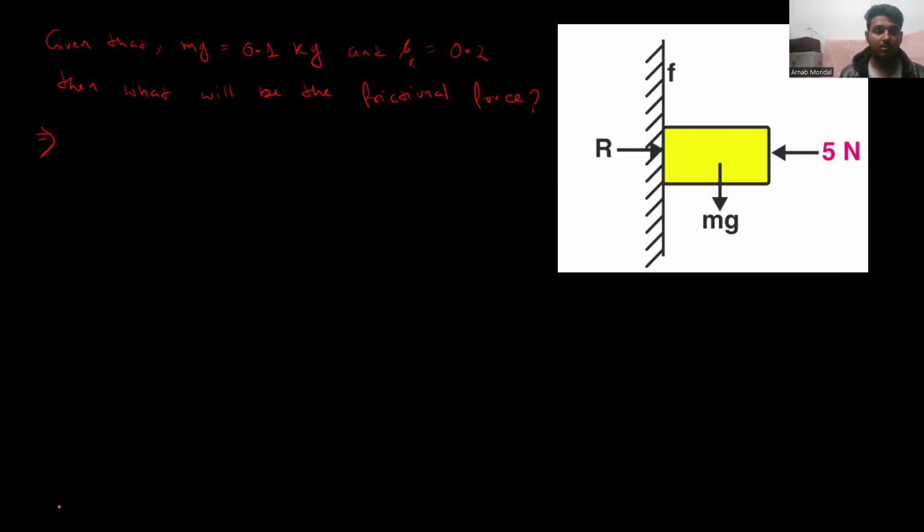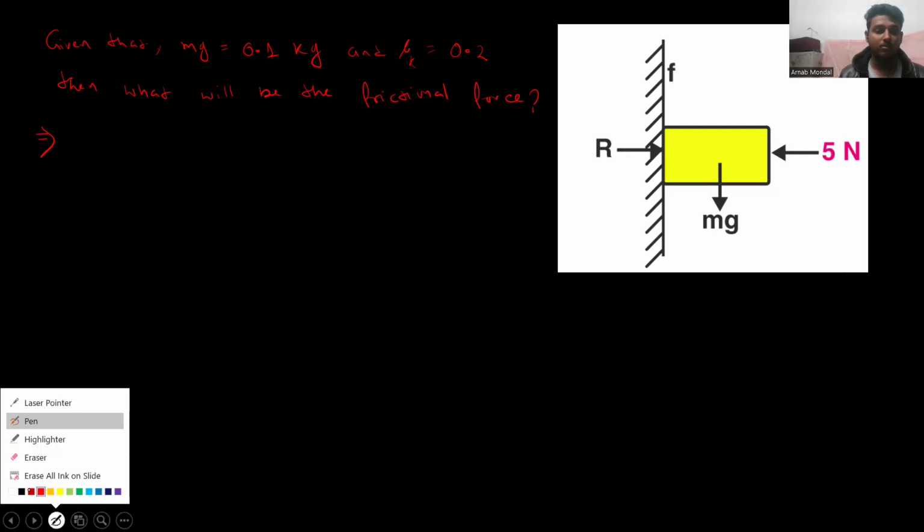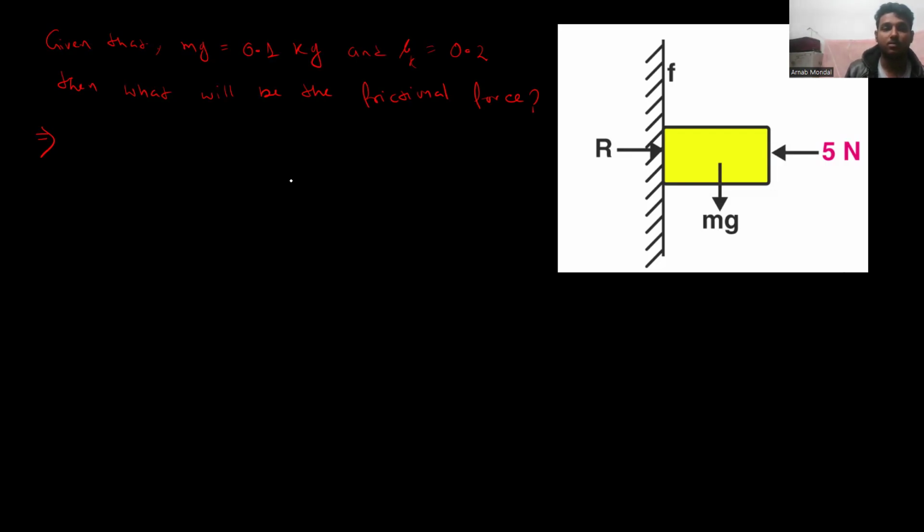Now, whenever we solve such kind of problem, we first draw the free body diagram. So let's first draw the free body diagram. 5 Newton, R, where R means normal force. Repulsive force means normal force.